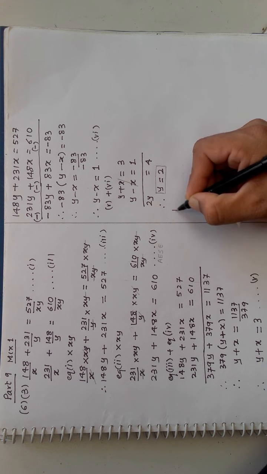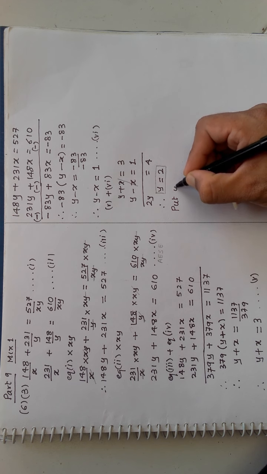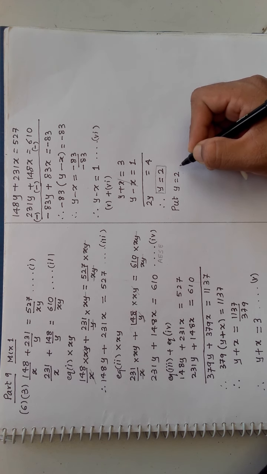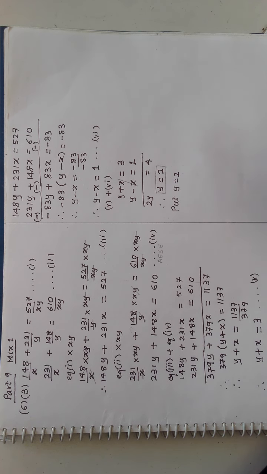Now substitute this y is equal to 2 in any of the easier equations out of all these 6 equations. Even a fool person can say, I don't mean fool actually, I mean to say that every person can tell that the easiest equation is either the 6th or the 5th.